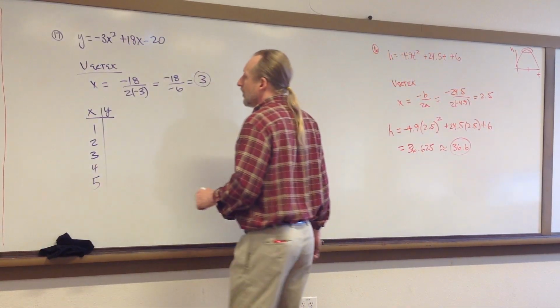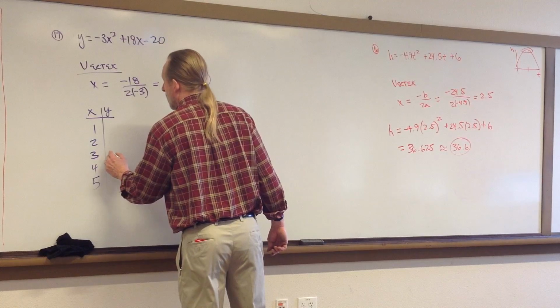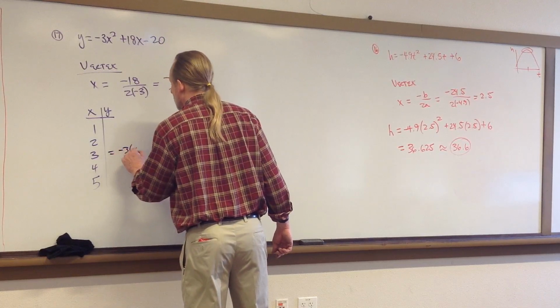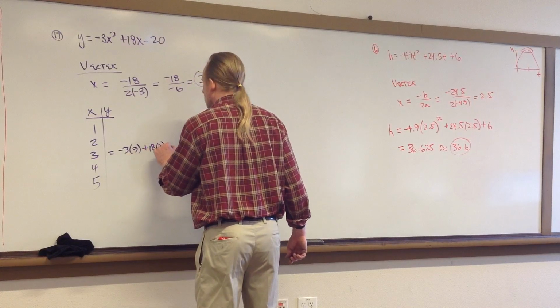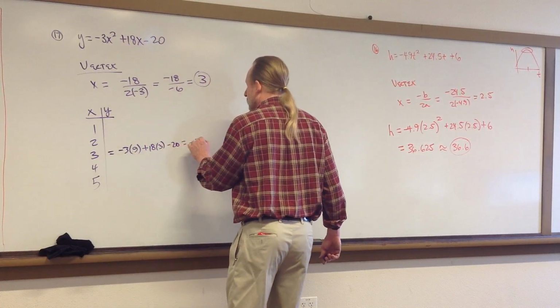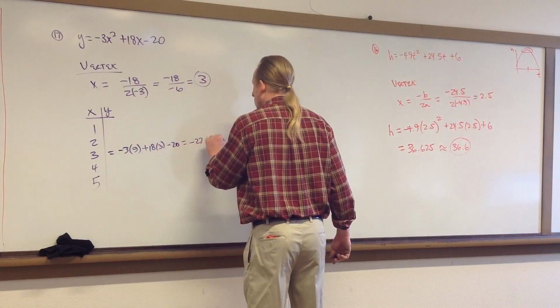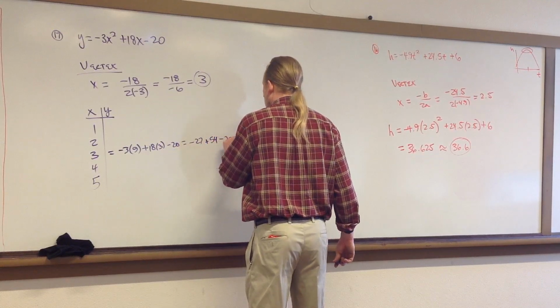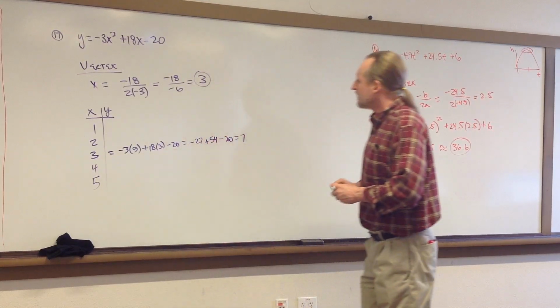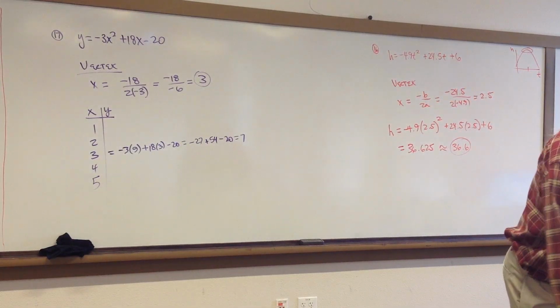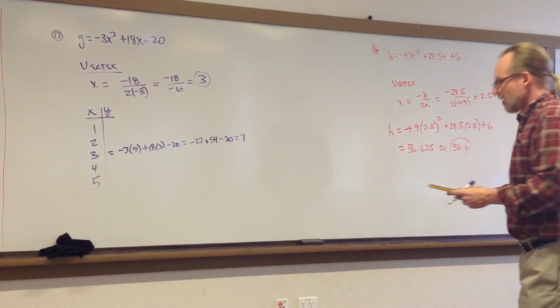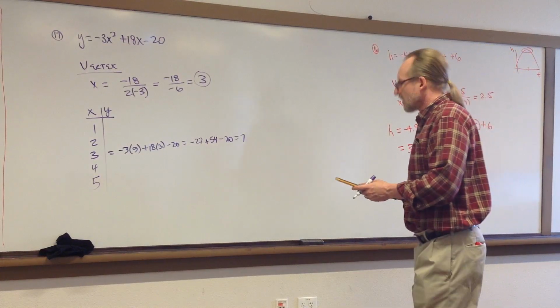All right, so in this problem, this will be negative 3 times 3 squared plus 18 times 3 minus 20. So negative 27 plus 54 minus 20. That should be 7. Yeah, that's what it looks like to me. But it's always good to double check when you're working on these.